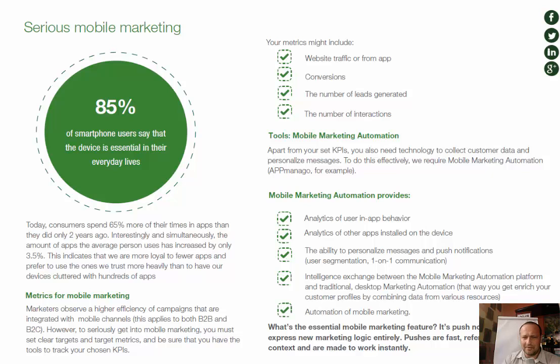Serious mobile marketing, guys. The reality is that 85% of smartphone users say that the device is essential in their everyday lives. If I speak about myself, I do my best not to stay all the time with my eyes hooked on the phone, especially on social media.